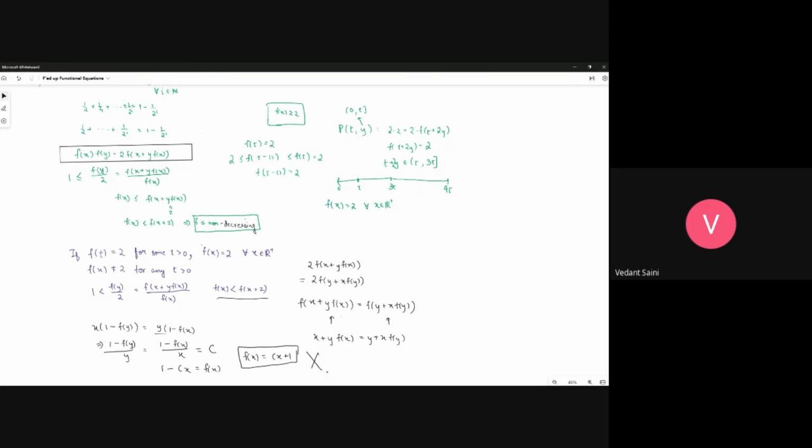So this doesn't work, and we have exhausted all the cases. So we can safely say the only solution to the equation is f of x equals 2 for all x greater than 0.